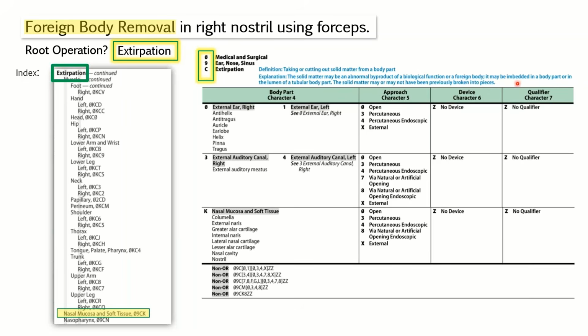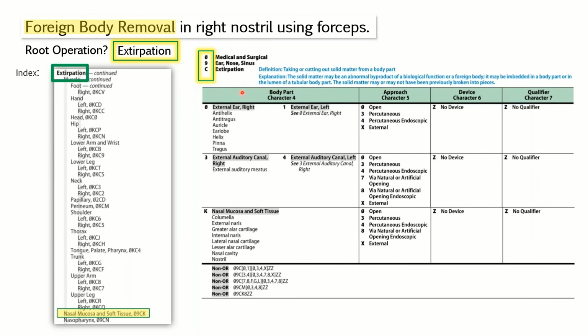And it may be embedded in a body part or in the lumen of a tubular body part. I would say that, yeah, your nostril is a tubular body part. The solid matter may or may not have been previously broken into pieces. All right, so that's some good information to know. So this is the correct table.